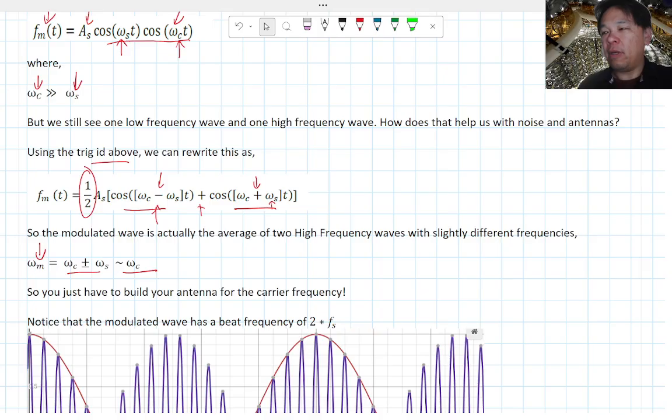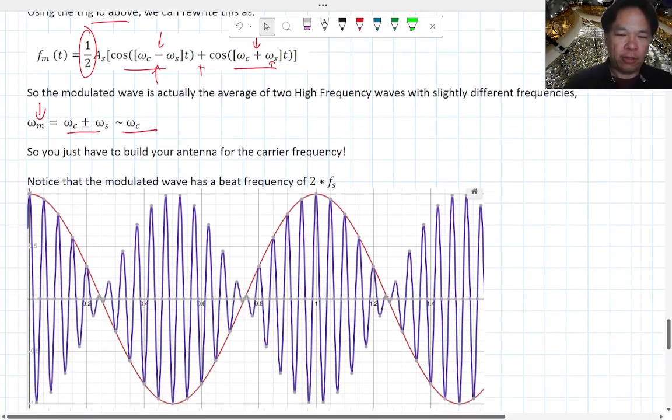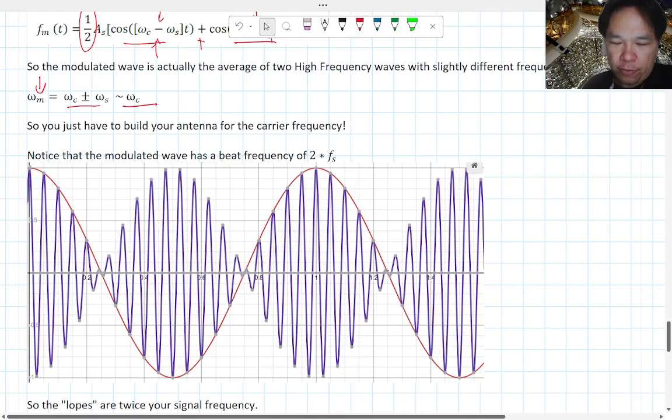I don't need to know whether it's a male person speaking who has a lower frequency versus a female person speaking. So it's really nice. It also makes the transmission oblivious to what the data actually needs to be. All you have to care about is the carrier frequency.